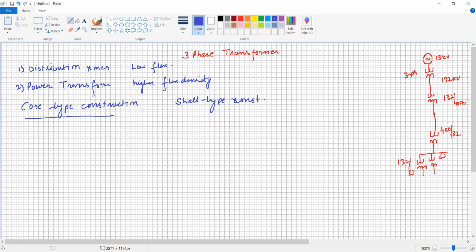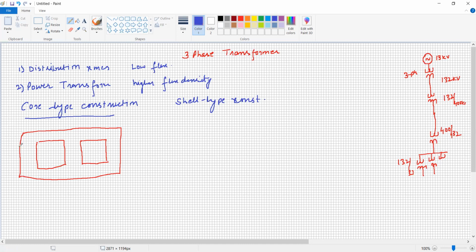Just have a look at the figure of a three-phase core type construction. There are three limbs, over which the winding is carried out.